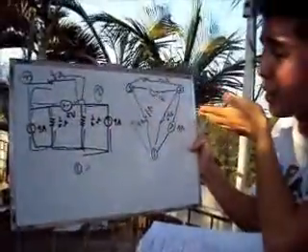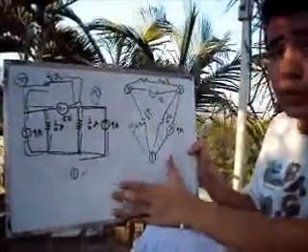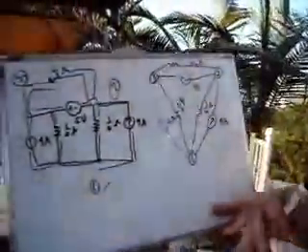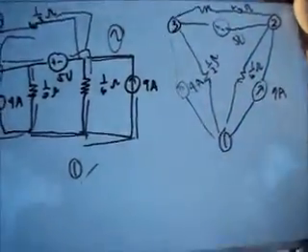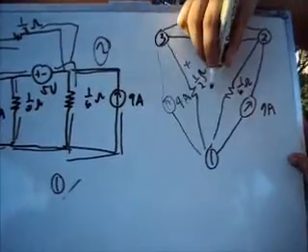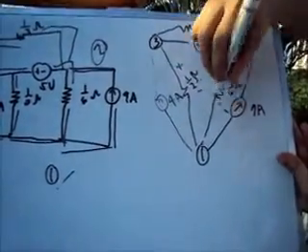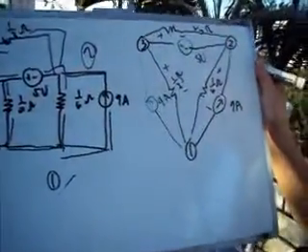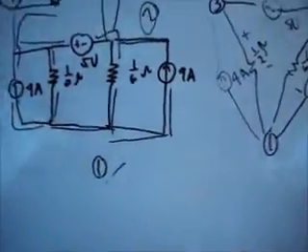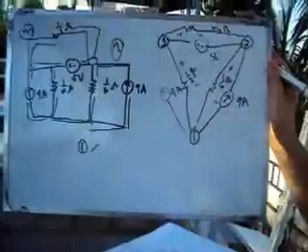After I redrew the circuit, this is the circuit. For me, I use voltage polarity in solving this. So I put polarity plus, minus, plus, minus, plus, minus. In Ohm's law, we know that if a current enters the positive polarity, that is positive.